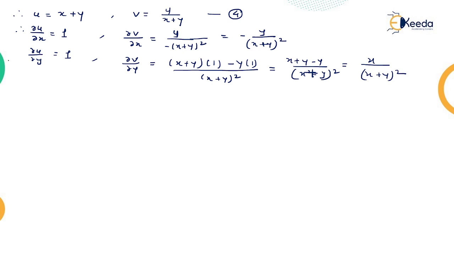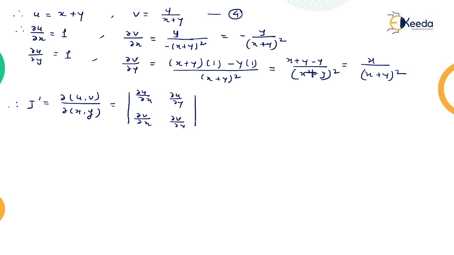So using the partial derivatives of u and v, you have to find J dash. J dash is defined as the Jacobian of u, v with respect to x, y. We have to put these values in the Jacobian. So this can be written as ∂u/∂x, ∂v/∂x, ∂u/∂y, ∂v/∂y.